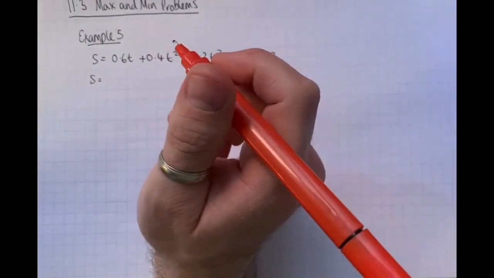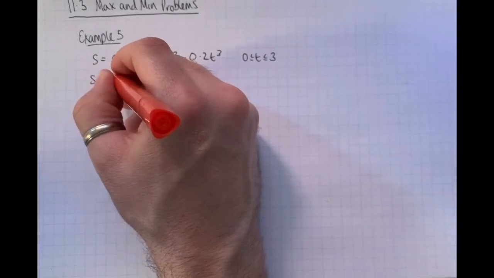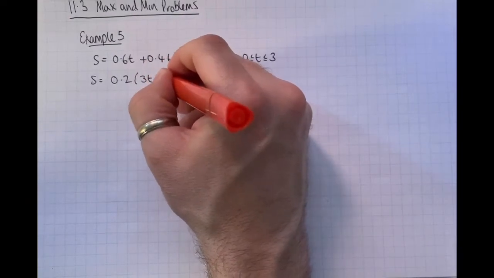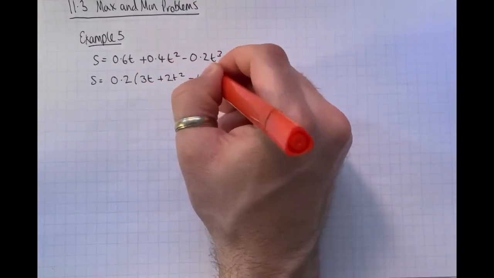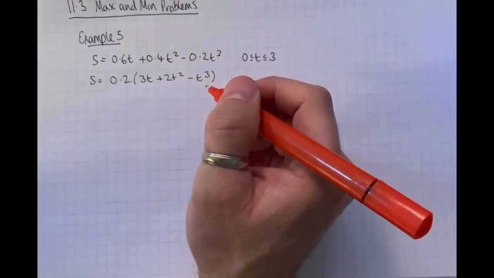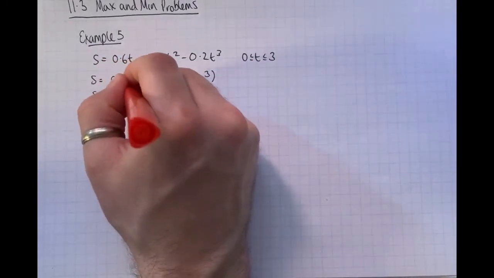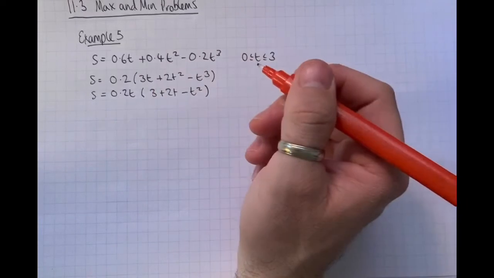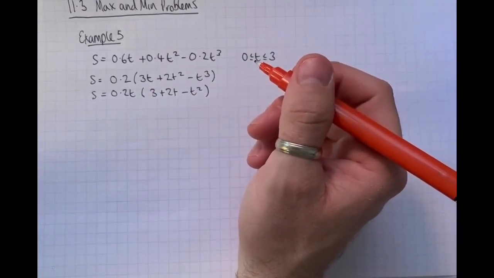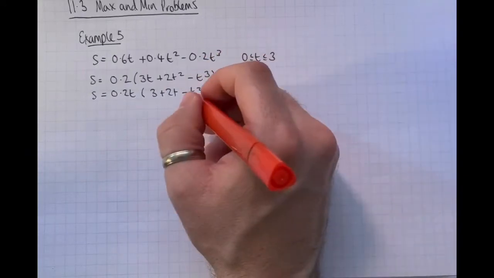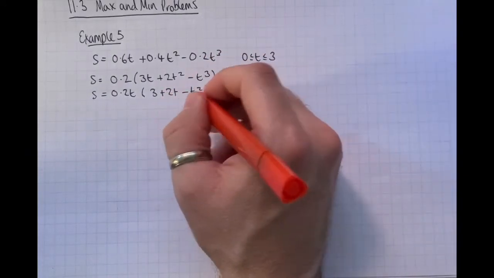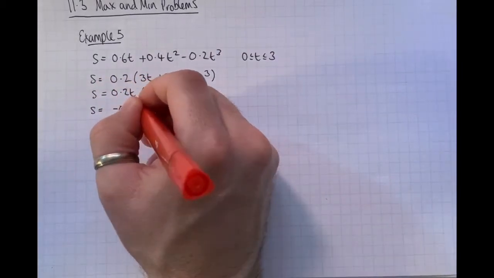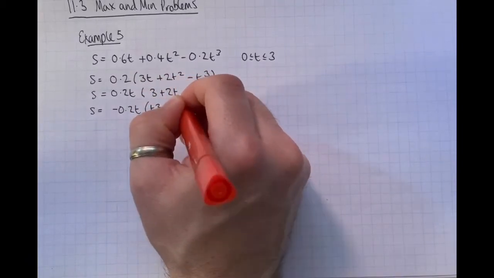First thing we're going to do is take out 0.2. So it's going to be 3t plus 2t squared minus t cubed. I can then take t out, and then that should factorise. In fact, I don't particularly like these problems where you've got minus t squared. You can of course do it, but I'd be tempted to take out minus 0.2t and then make it t squared minus 2t minus 3.